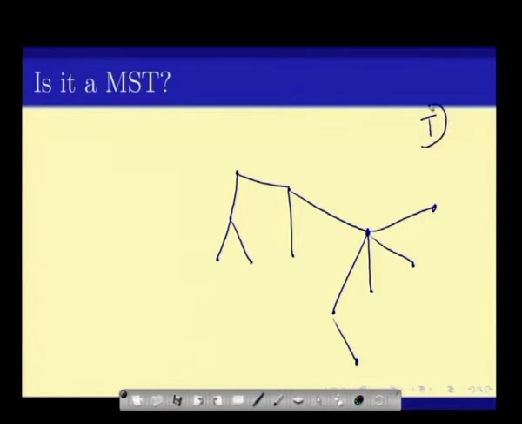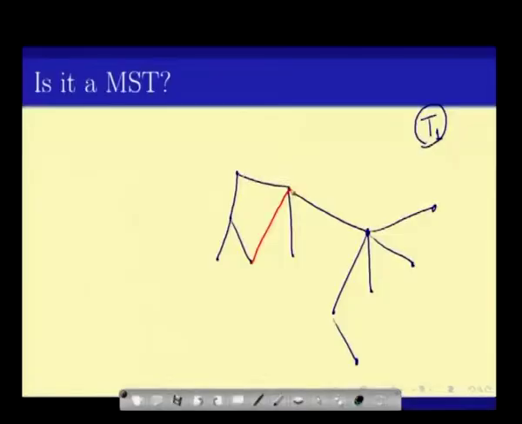Let us just assume that this is T1, which is the minimum spanning tree that we have. Now, there is one edge, the first edge that we are talking about, which our Prim's algorithm has chosen, but is not there in the actual MST.